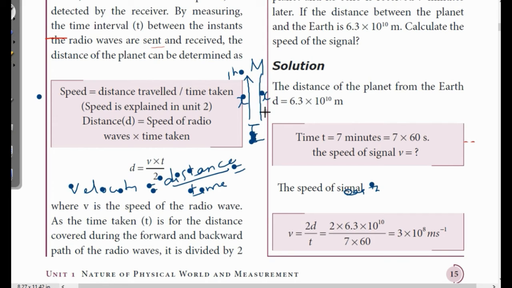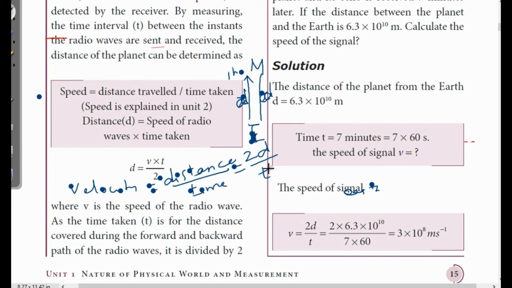So the total distance covered is not just x, it is 2x. That's why a 2 is added when we are measuring distances, that is 2d. Velocity is equal to distance, that is 2d, divided by the time taken.